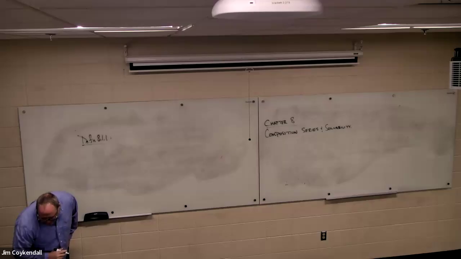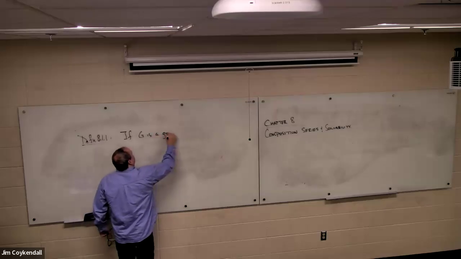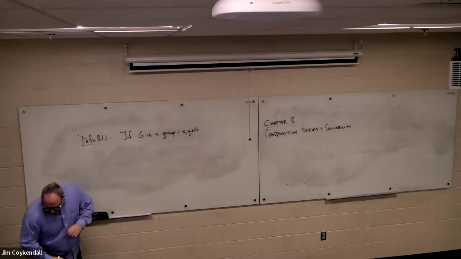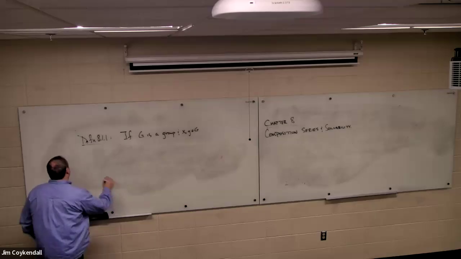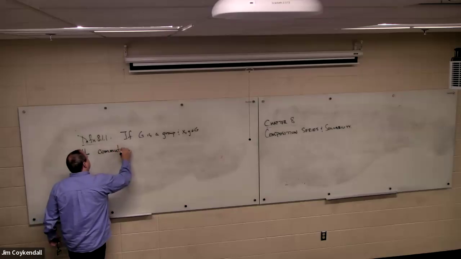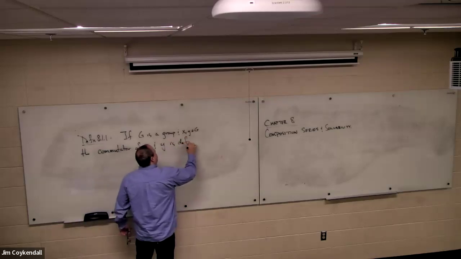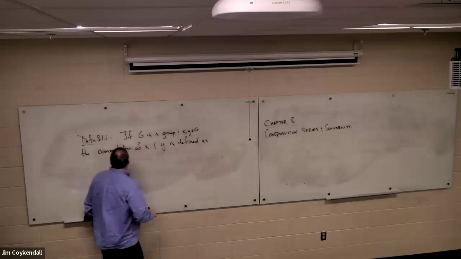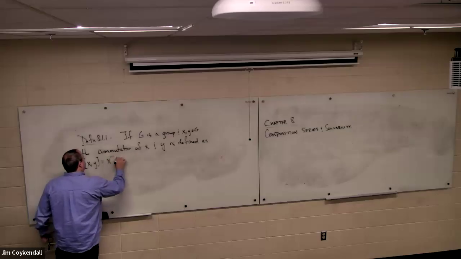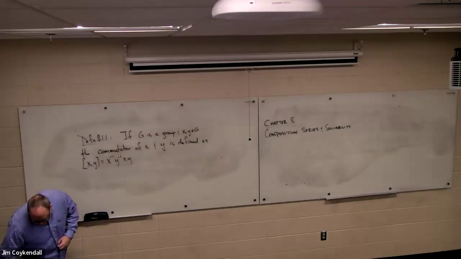If G is a group and x, y are in G, the commutator of x and y is defined as x inverse, y inverse, x, y.